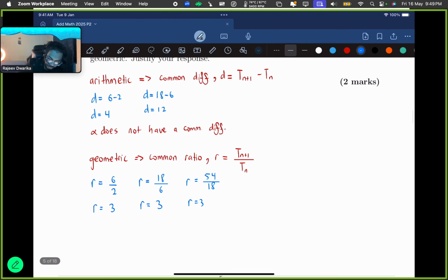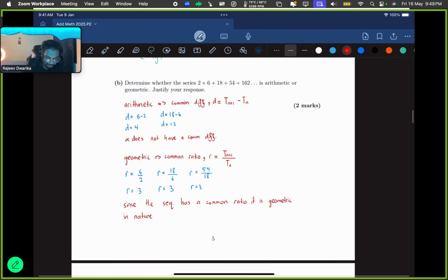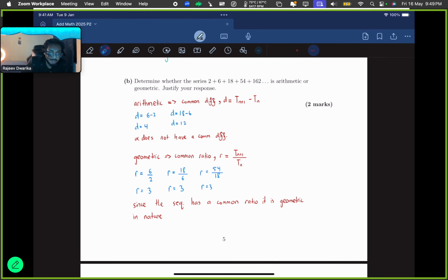So since the sequence has a common ratio, it is geometric in nature. Right, you get a mark, right? Yes, sir. Okay, cool.